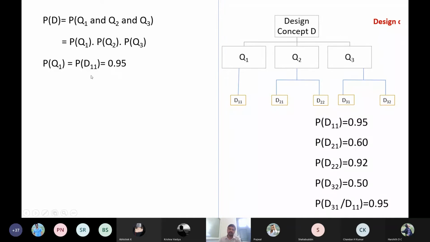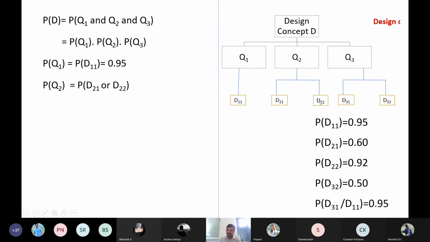Next, you have to find the physical realizability of subproblem Q2. For subproblem Q2 there are two solutions, D21 and D22. To solve subproblem Q2, solving D21 or D22 is sufficient.